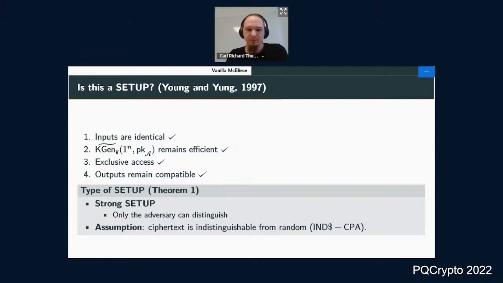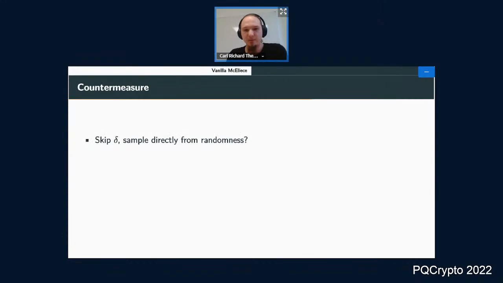Now we can discuss how we protect against this. The first idea that might come to mind is just throwing away the concept of using a seed delta and sampling all the matrices from randomness, as I described at the first slide for the key generation of vanilla McEliece.